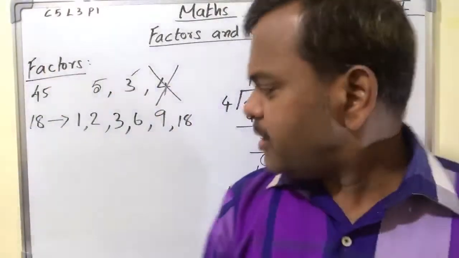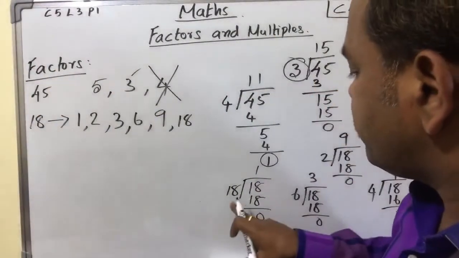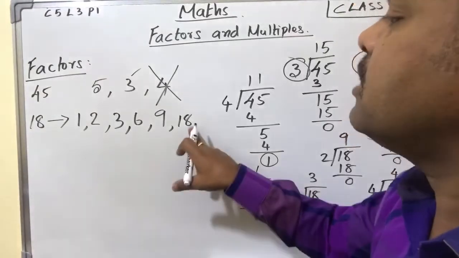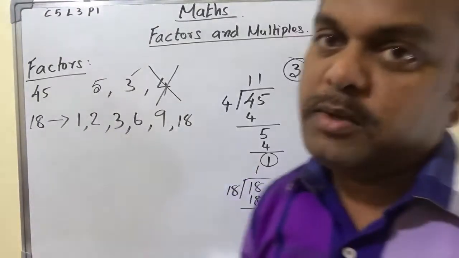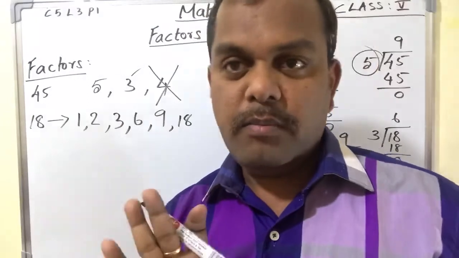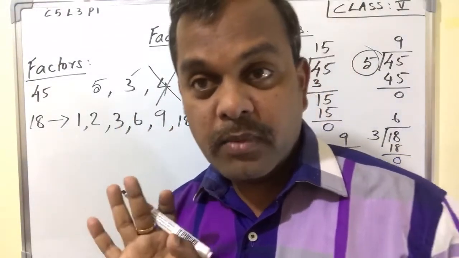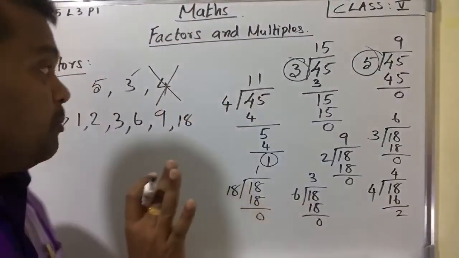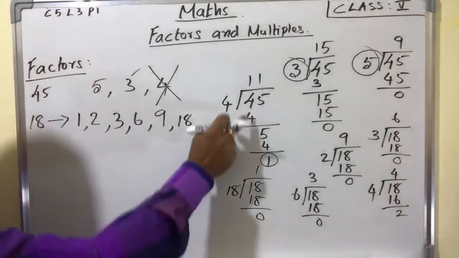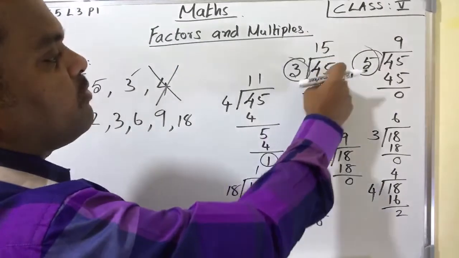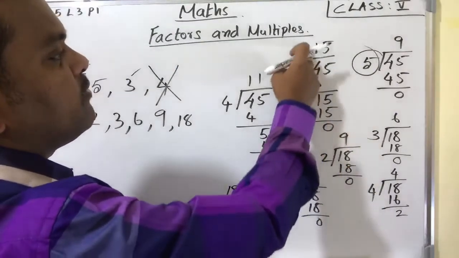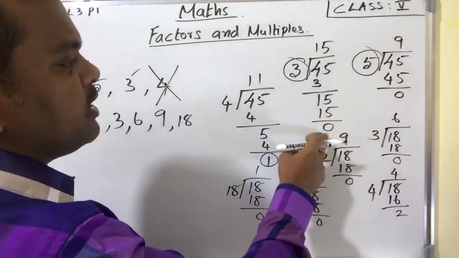So if a number divides a number without leaving any remainder, that is a factor of that number. I am teaching very slowly only for your understanding. What is a factor? A number that divides a number without leaving any remainder. Here, see, 15 into 3 is 45, remainder 0.